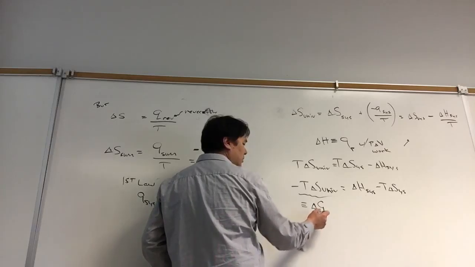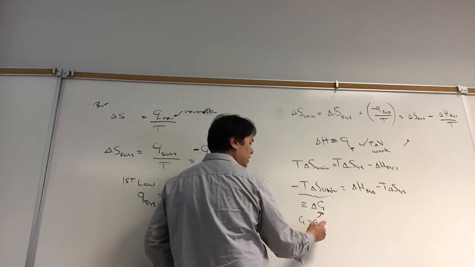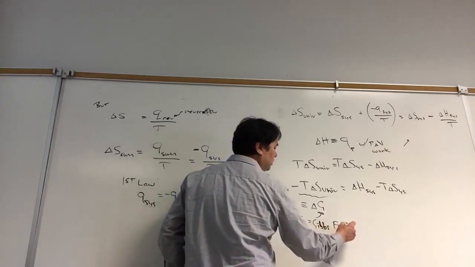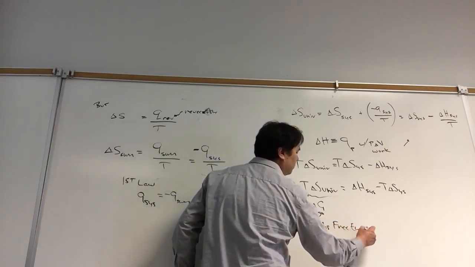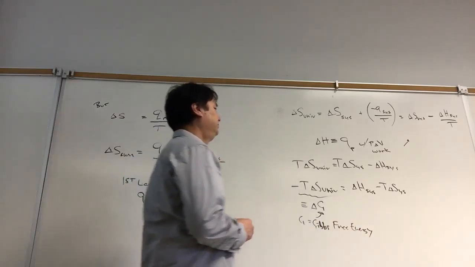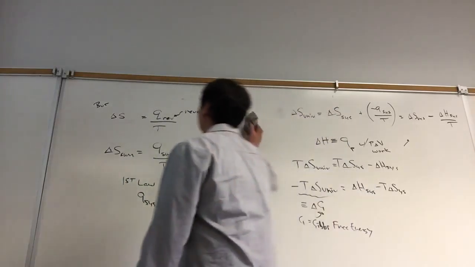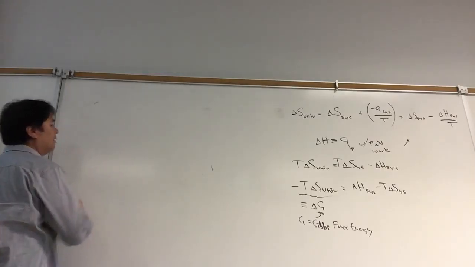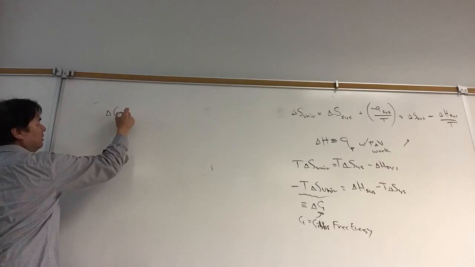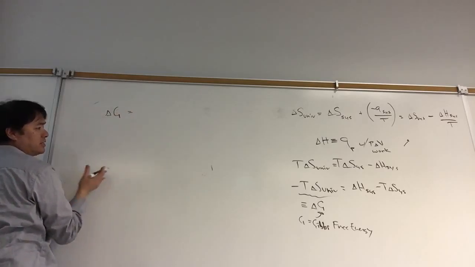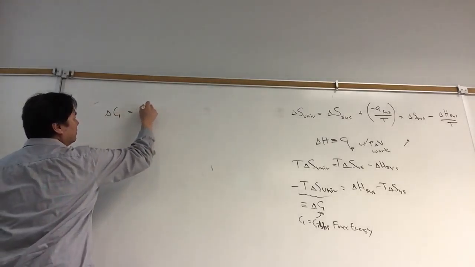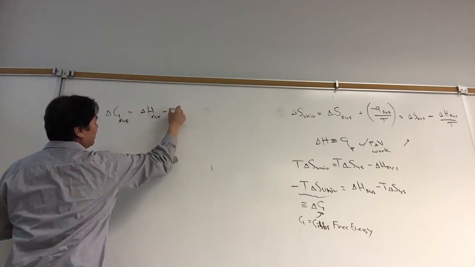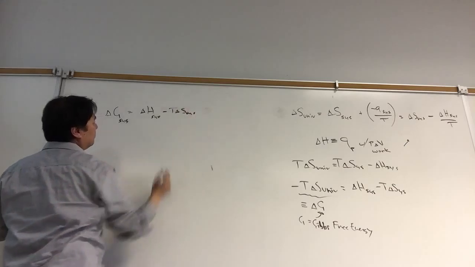G is called the Gibbs free energy. And so what we end up with is delta G of our system is going to equal delta H of our system minus T delta S of our system.